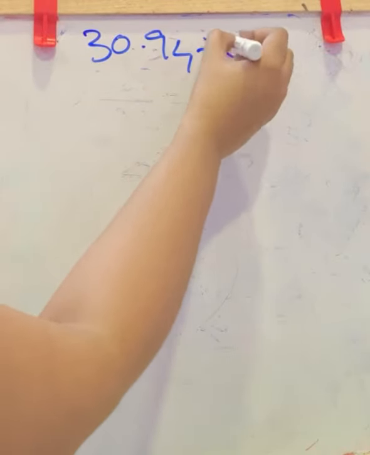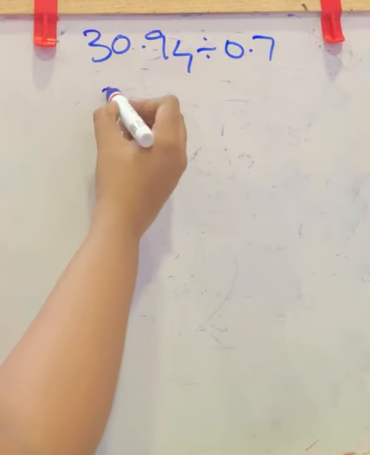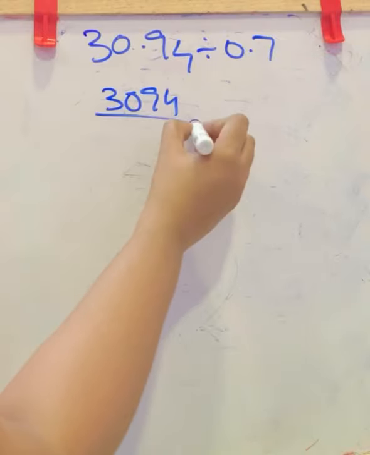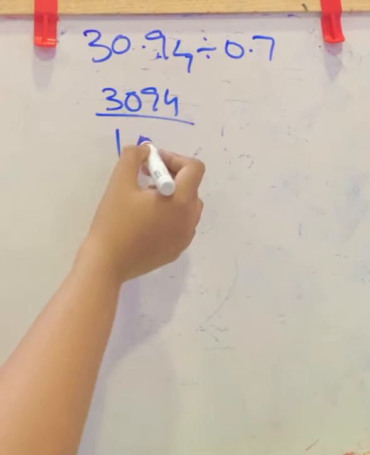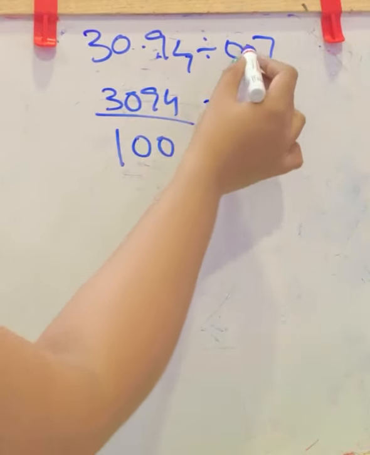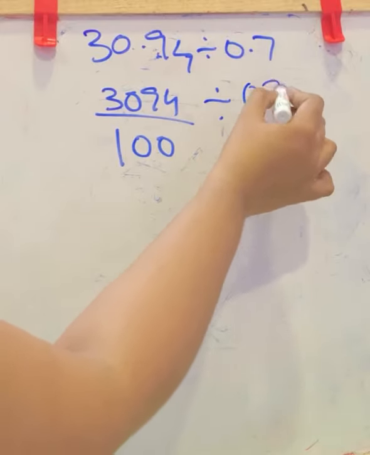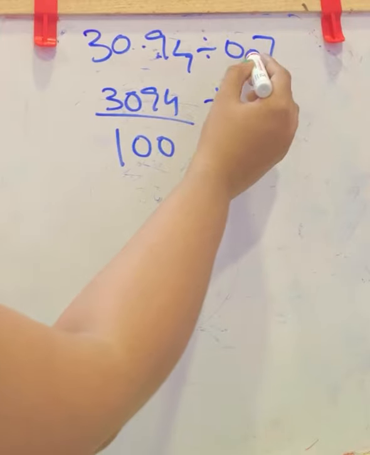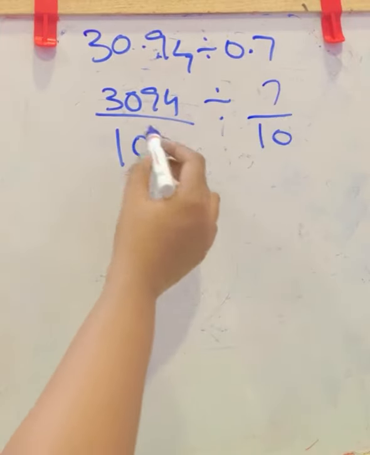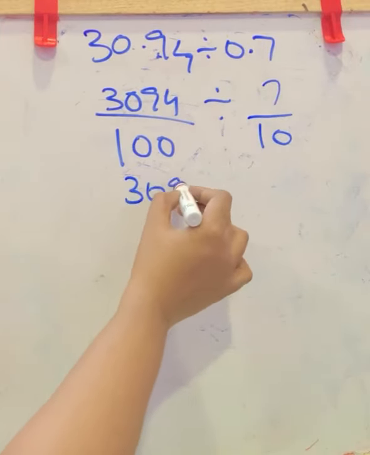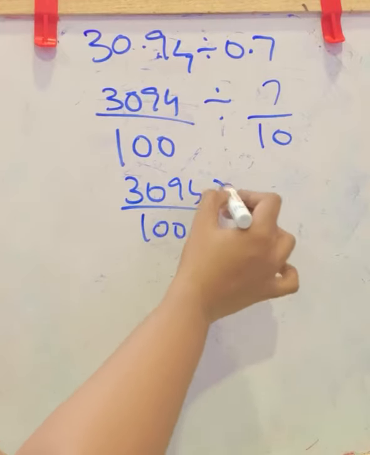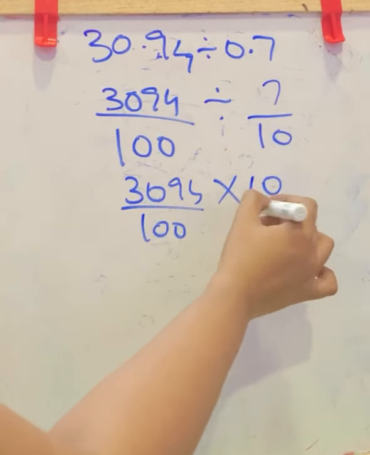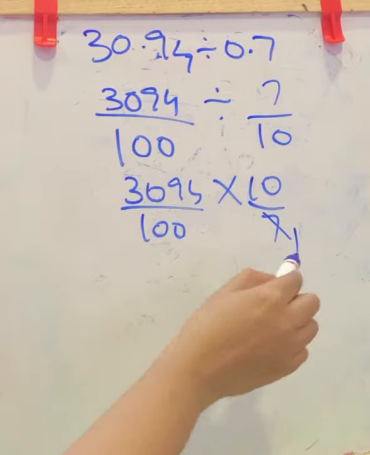30.94 division 0.7. This can be written as 3094 by, here 2 digits after decimal, so 2 zeros. Division 0.7 is 07. You don't want to write a 0 in front of 7, so 7 by, here 1 digit after decimal, so by 10. This can be 3094 by 100 into this reciprocal 10 by 7. Here 7 ones are 7.